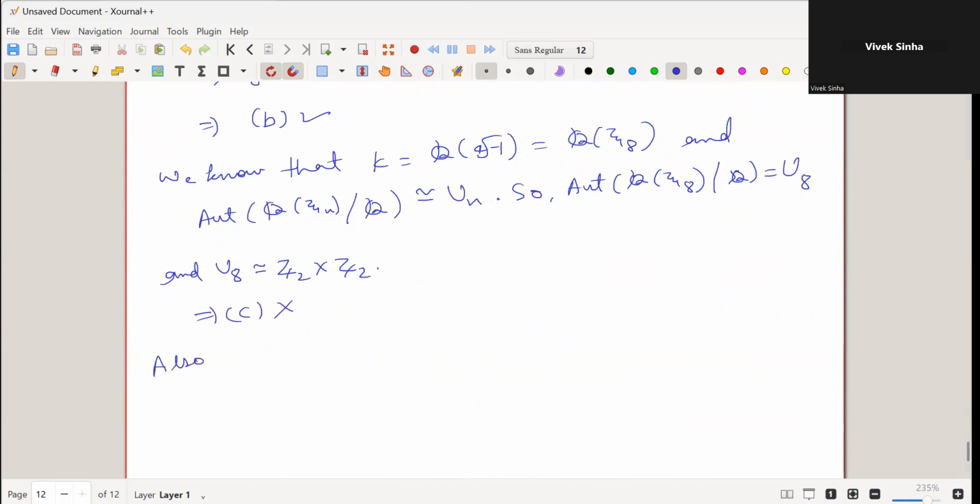Also, the order of the Galois group of Q zeta n over Q, maybe yes, we can work with zeta n itself, is the same as the dimension of Q zeta n over Q, and which is the order of U n.